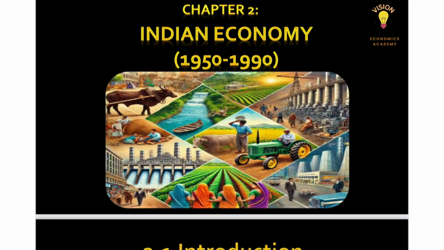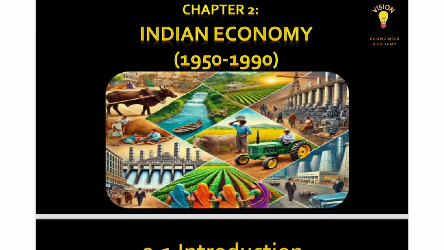However, these choices also brought challenges: low productivity, inefficient public sector enterprises, and the license Raj. So we will be discussing the planning era, industrial policies, green revolution and agriculture, and all the economic challenges and shortcomings.